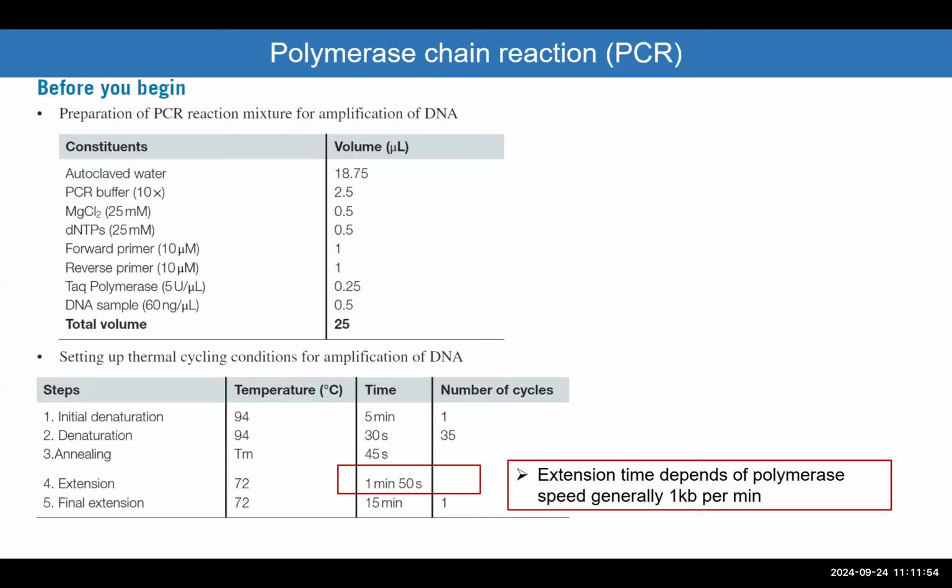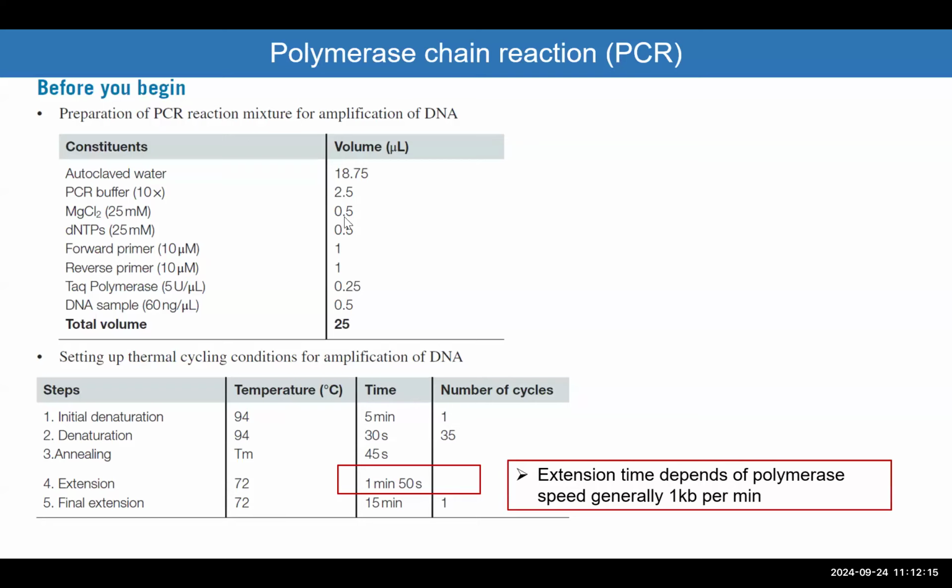And finally, this is how it looks if you set up the reaction. For example, for a PCR reaction, the final volume is 25 microliters. 18 of that is water. If we have the buffer at 10x, it's 10%, so it's 2.5.